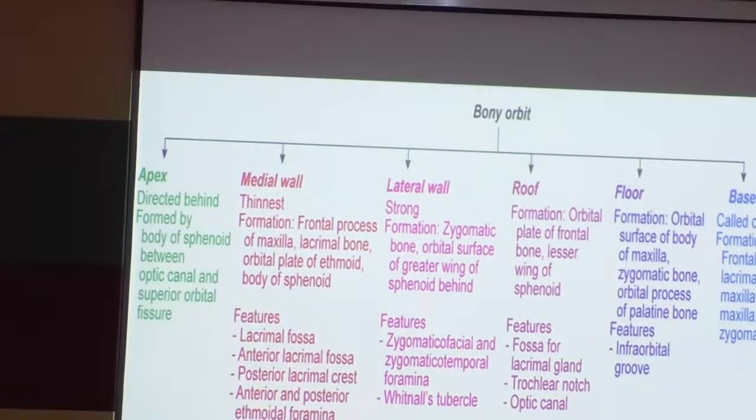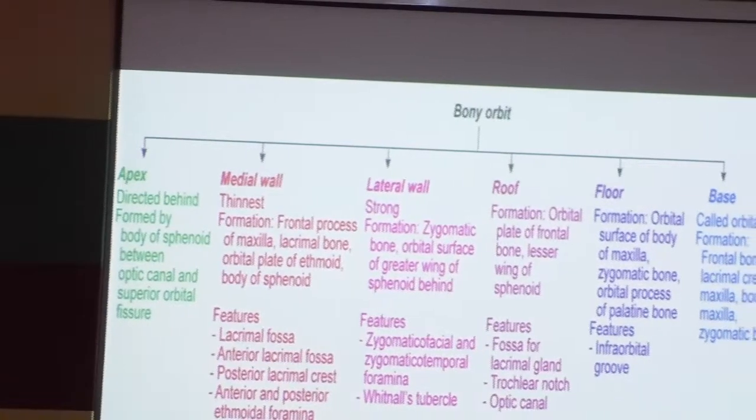Okay. Now the lateral wall is a strong wall formed by the zygomatic bone and, behind, the orbital surface of the greater wing of sphenoid. These are the features in this wall: zygomaticofacial and zygomaticotemporal foramina, and which nerve? Okay, individual features we will see in pictures. Now the roof. The roof is formed by the orbital plate of frontal bone and the lesser wing of the sphenoid.